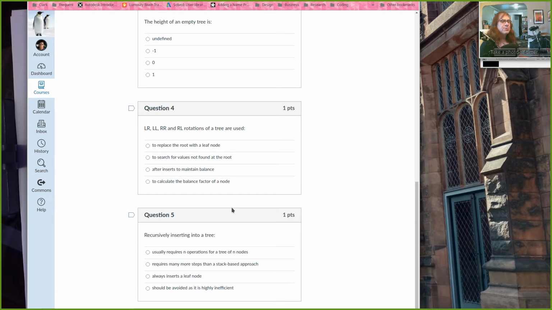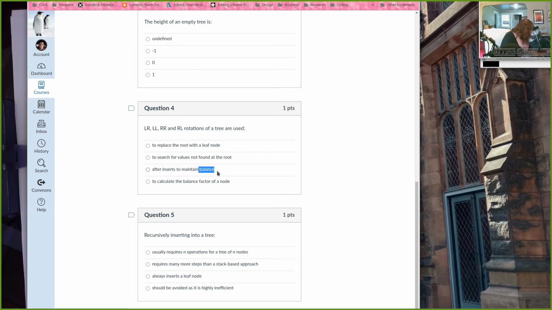All right, so I'm planning to go through this next week. But yeah, left, right, left, left, right, right, right, left rotations of a tree are used after inserts to maintain balance. So there's the answer to that one.